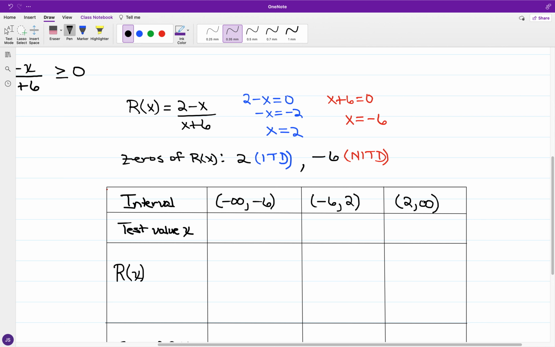Right. And looking at taking test values for the input. Okay, so anything less than -6, one might go with -7. Between -6 and 2, we can use 0 again. And anything greater than 2, one might choose 3 as the input. And for the rational function, again, we have 2 minus x all over x plus 6.